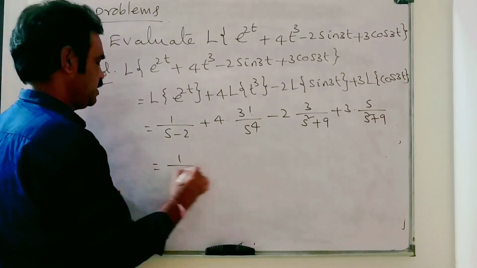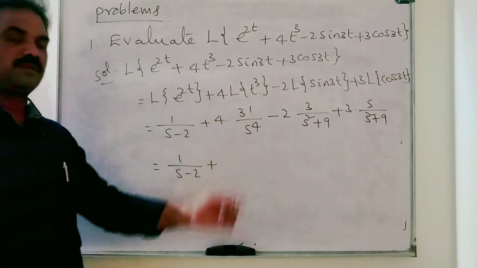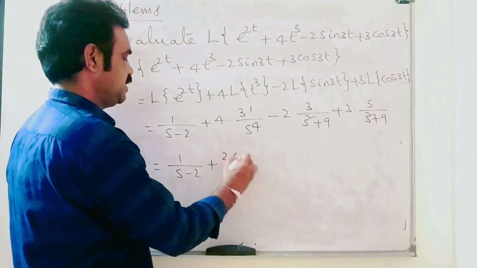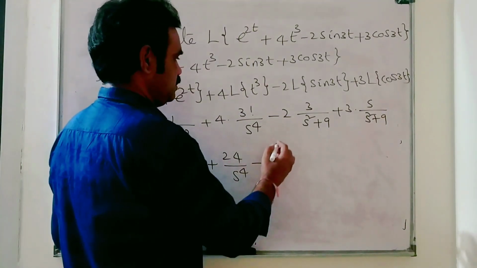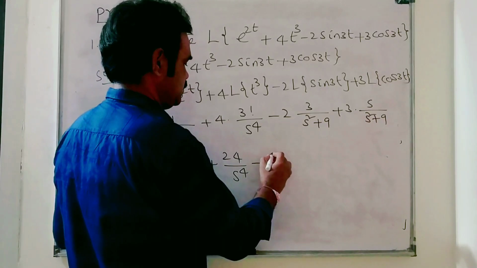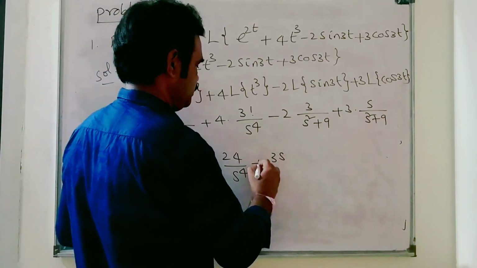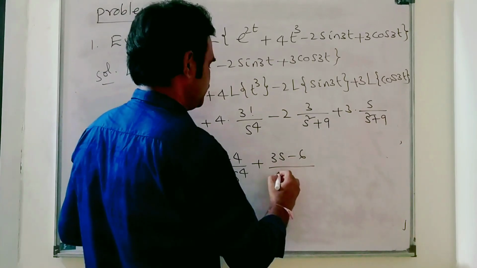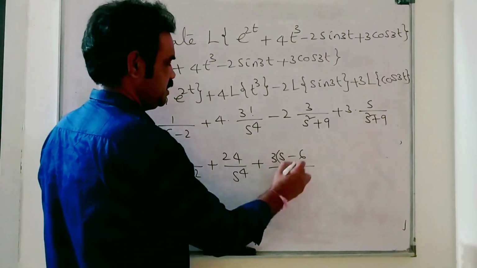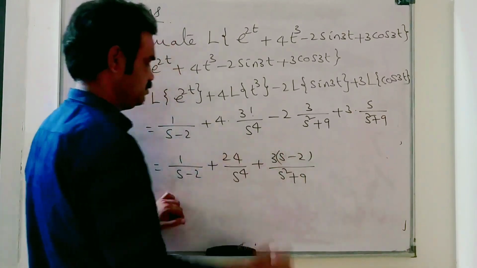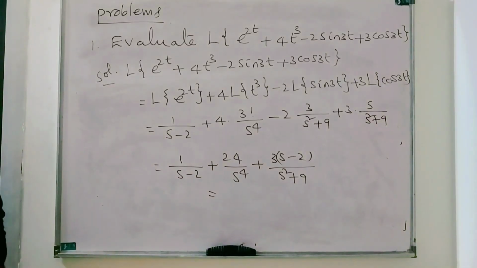This is equal to 1 by s minus 2 plus 4 into 3 factorial is 6, 24 by s power 4, minus (3s minus 6) by s square plus 9. Or this can also be written as 3 into (s minus 2) by s square plus 9. This is the required Laplace transform.